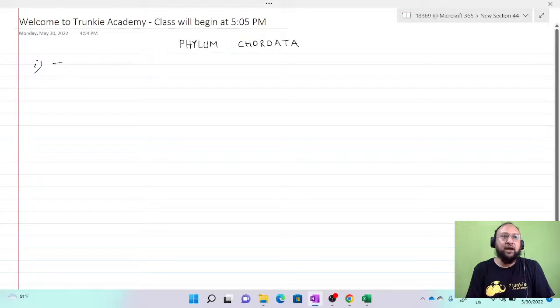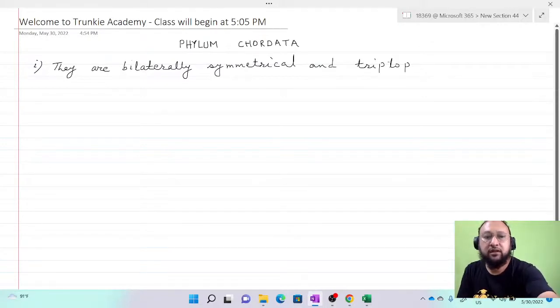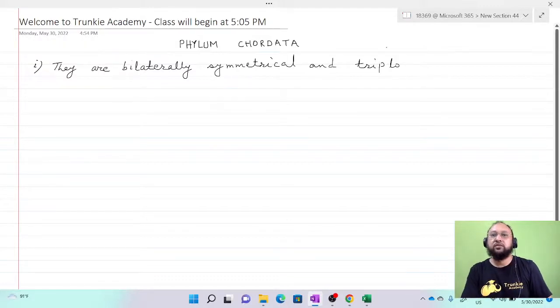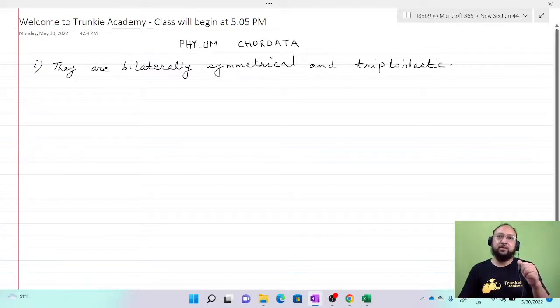Phylum Chordata are bilaterally symmetrical and triploblastic. In some non-chordates, like echinoderms, we saw that they are radially symmetrical, but in phylum Chordata all the animal groups are bilaterally symmetrical.